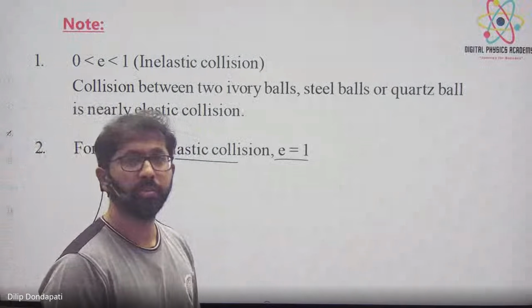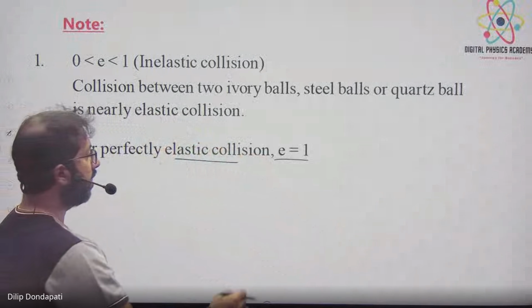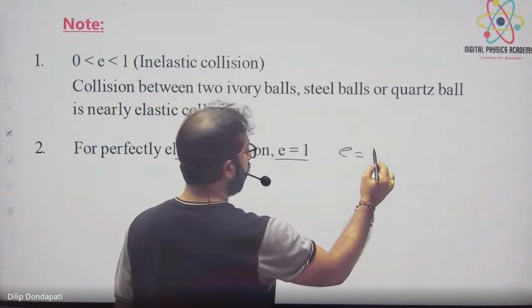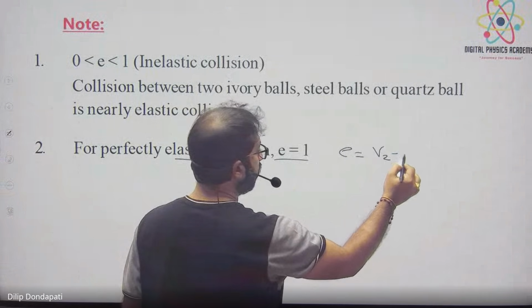In a perfectly elastic collision the e value is 1. Why? Tell me. What was the e value formula? V2 minus V... In the derivation we got both 0.